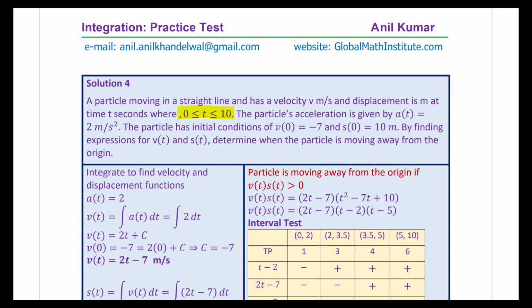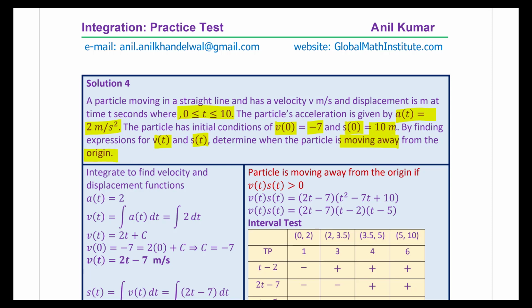The particle's acceleration is given to us as 2 meters per second squared. The particle's initial velocity, v0, is this much, and displacement is 10 meters. By finding expressions of v of t and s of t, determine when the particle is moving away. So we have to figure out when the particle is moving away from the origin.